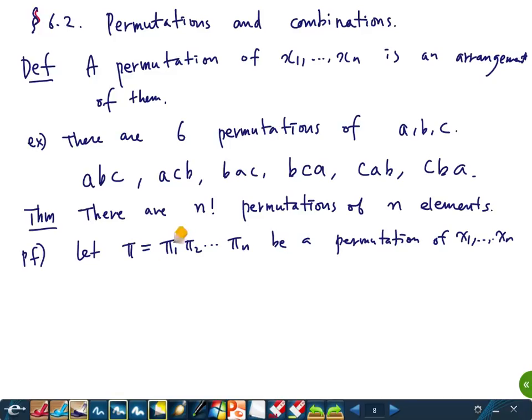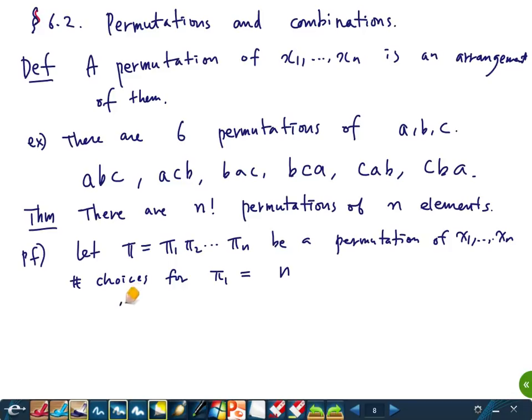We have to decide the first letter and the second letter, etc. So the number of choices for the first letter: this can be any of them because we just arrange them. So there are n ways to do this. Either pi 1 can be x1, x2, x3, or xn. So there are n choices.